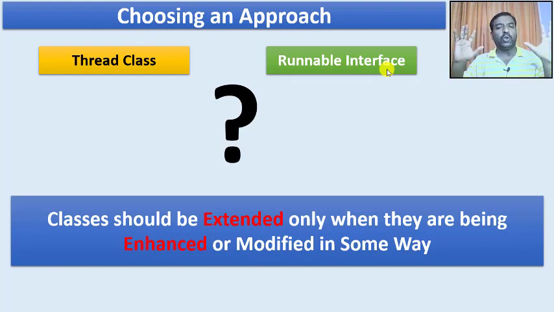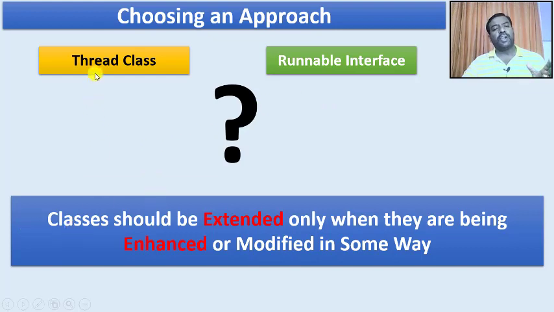And so now you've got two scenarios. One, you need to redefine the body of the run, or you need to create the body of the run. Just look at what your application is demanding, whether you need to redefine or just create. Fine. So usually, if you think about it with a blank mind which approach to use, the Runnable interface is the best approach, because I need not worry about function overriding.